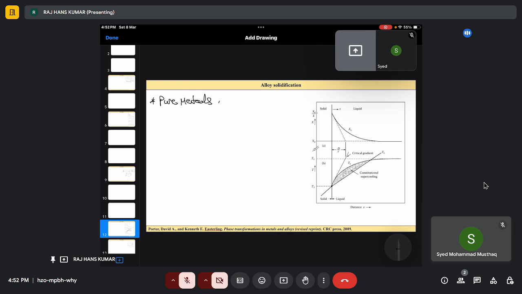we have seen the thermal gradients, right? This is one thermal gradient. Then we will have the planar interface. Now if we have a thermal gradient, this is solid, this is liquid. And if we have a thermal gradient like this, then you will have a planar interface here. But here you have a columnar form.